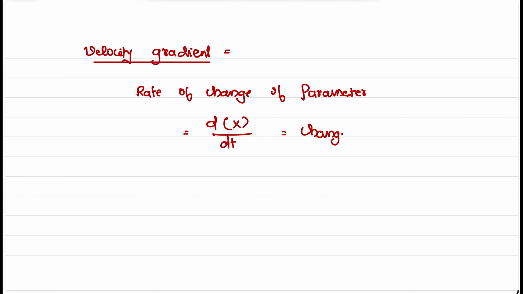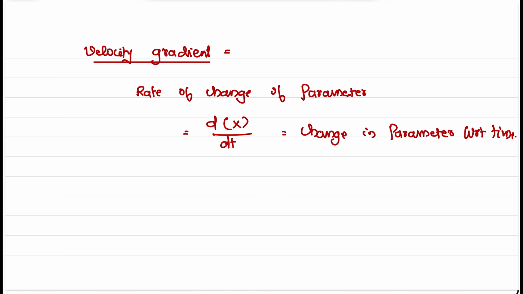Rate of change of any parameter is equal to change in parameter, that is dx by dt with respect to time. This is change in parameter with respect to time.